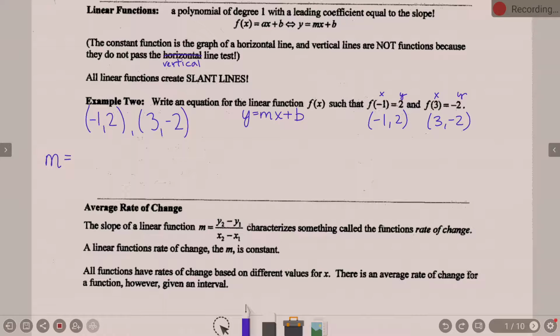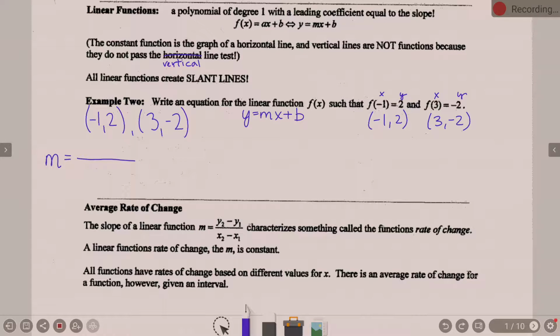So you're subtracting the y's on top, x's on bottom. So a lot of times we say y2 minus y1 over x2 minus x1. Now, keep in mind though, technically you can use either set as your second pair, right? So you can subtract these in either order as long as when you get to the denominator, you're consistent with what you did, right? So what did you guys want to do in the numerator here?